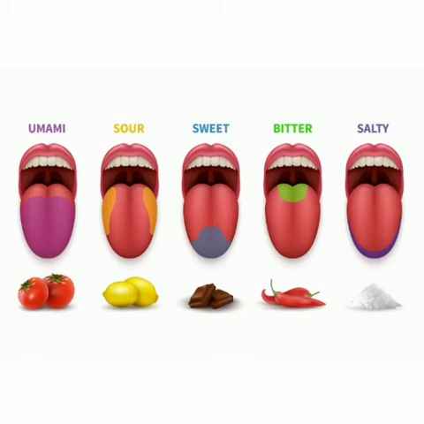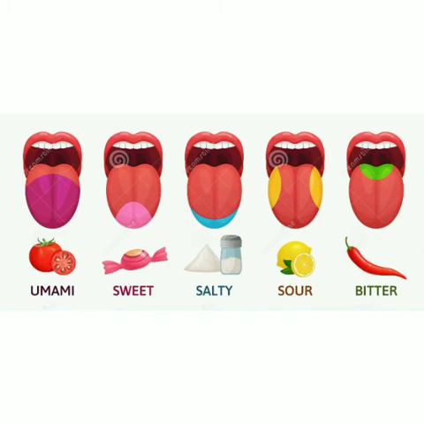The tongue has four different regions, and we are able to identify all the different tastes. It may be sweet, sour or bitter. All the different types of food can be identified with the help of the tongue.